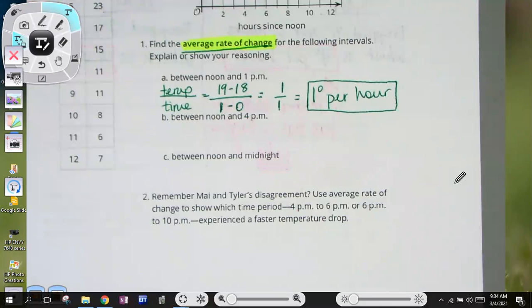About 1.5 minutes. Between noon and midnight, got 18 minus 7, which is 0.